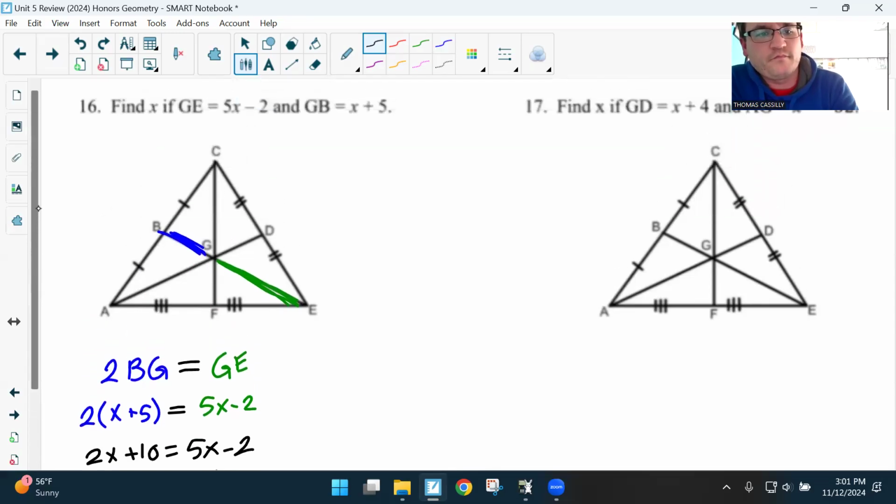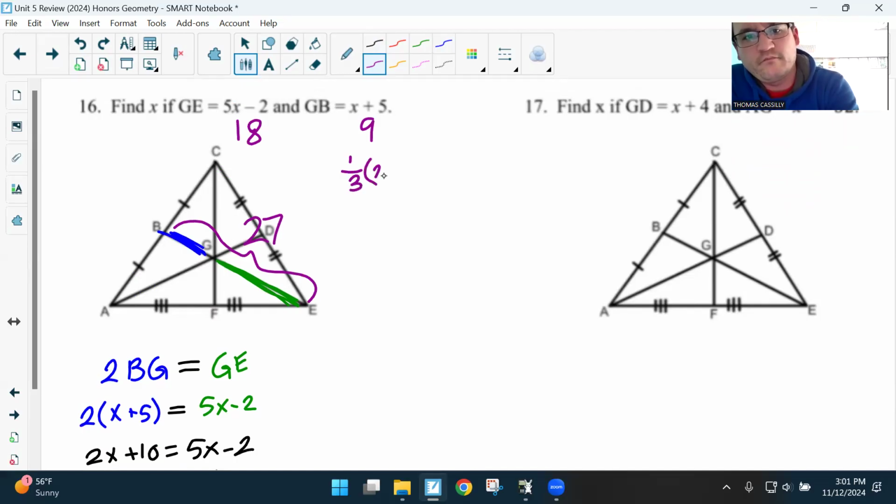And again, if we wanted to plug it in, since x is 4, this gave us a 9. This gave us 18. So that makes this whole thing here 27. So 27 times 1/3 equals 9.